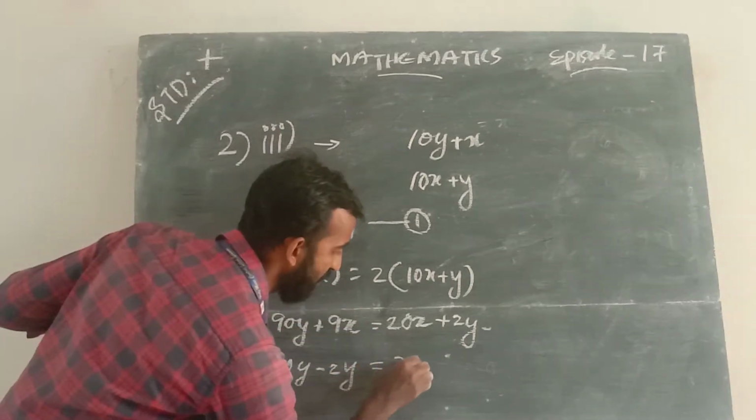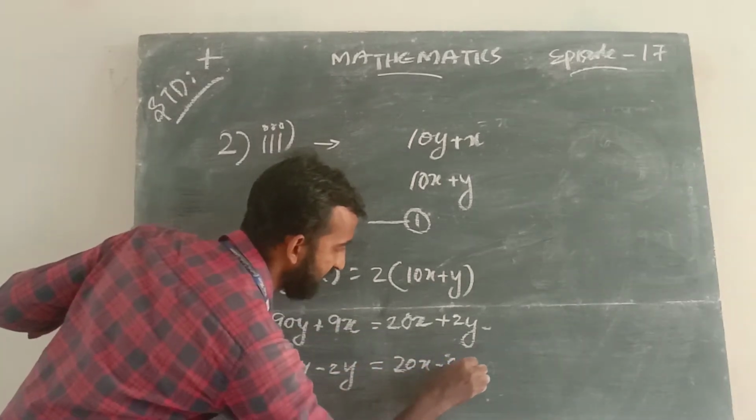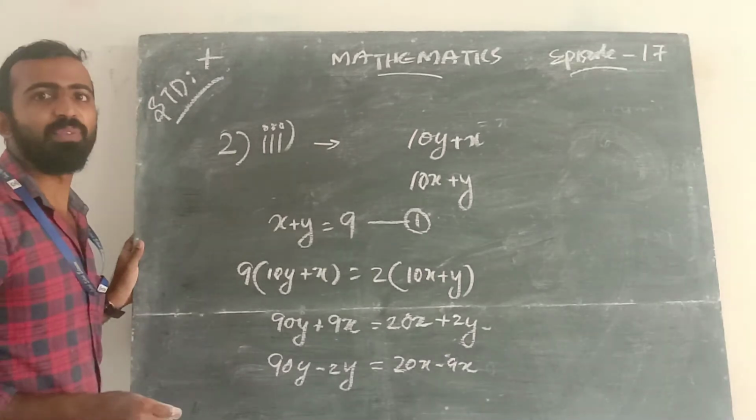That is 90y minus 2y equals 20x minus 9x.